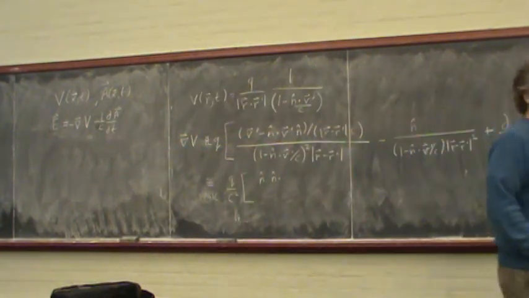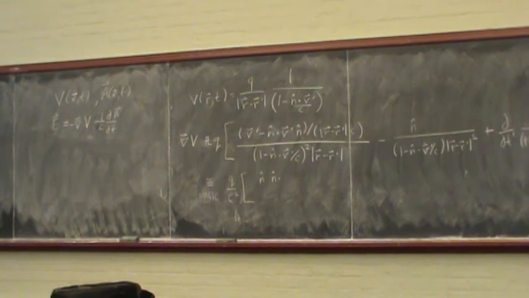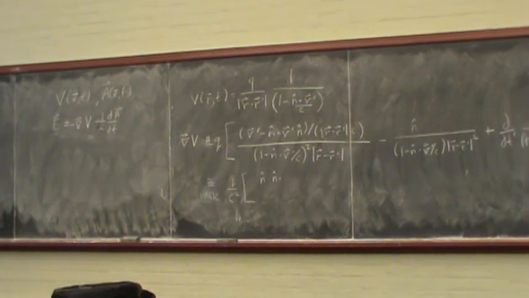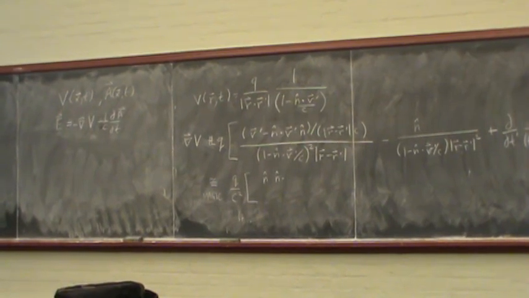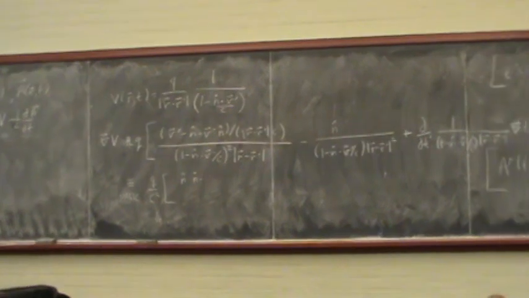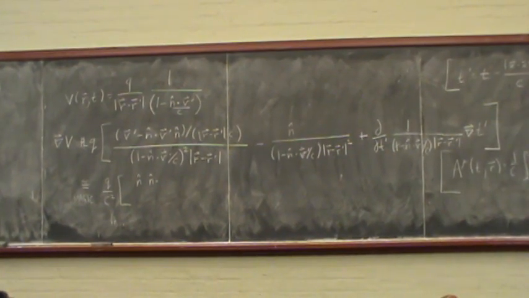This gradient that we're taking, it's a real space gradient, but is it for the primed coordinates or the unprimed coordinates? It is the unprimed. That's what I've been working with, gradients in the unprimed coordinates all along.